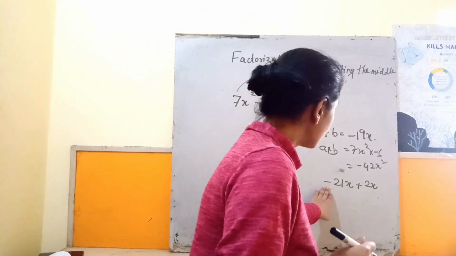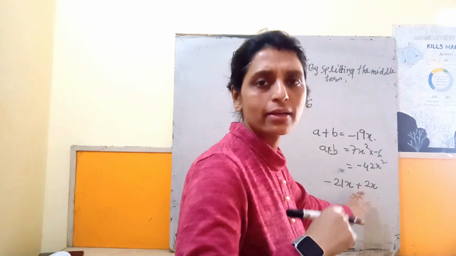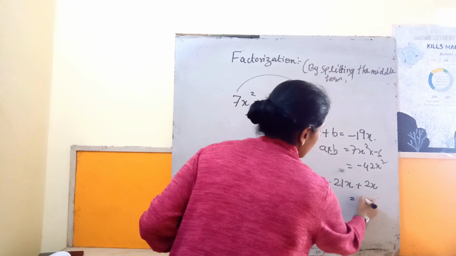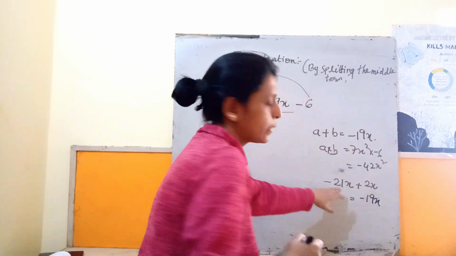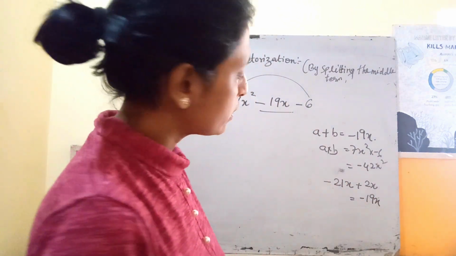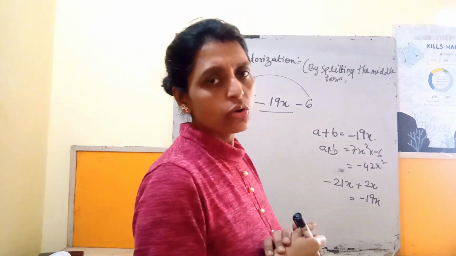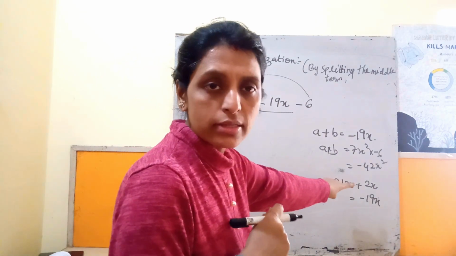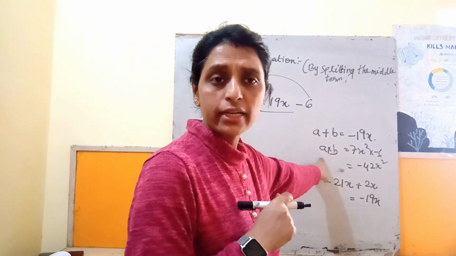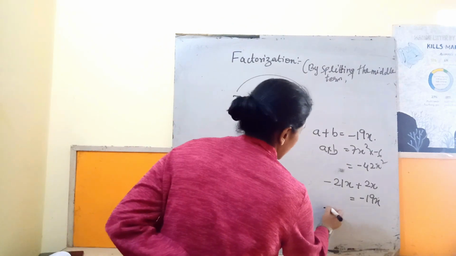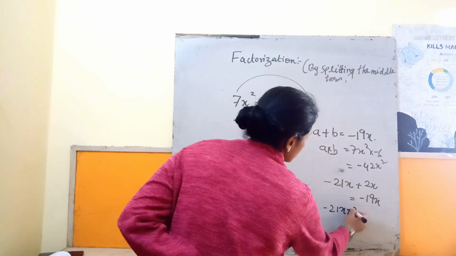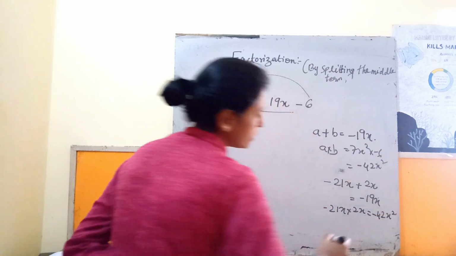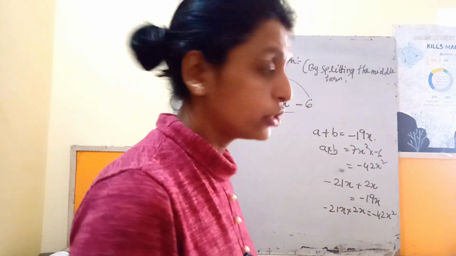Minus 21x plus 2x, the operation of subtraction will be there, and we will get minus 19x, because the bigger number has the minus sign. Now let's see whether these two factors satisfy the second condition. Minus 21x into 2x gives minus 42x squared, so we are satisfying the second condition as well.